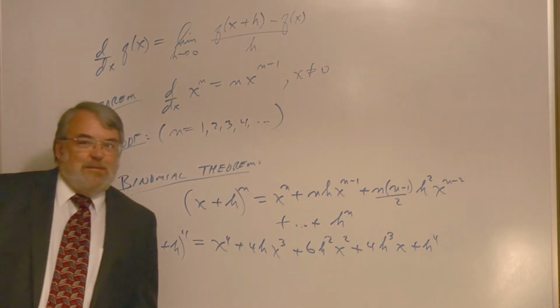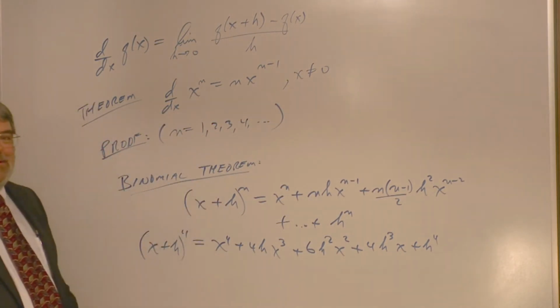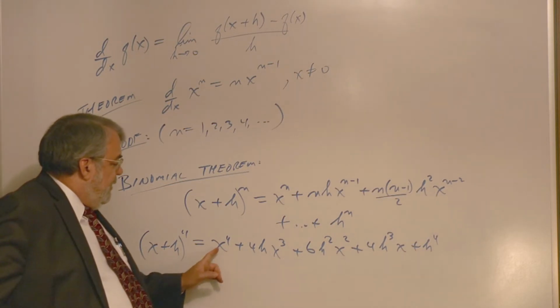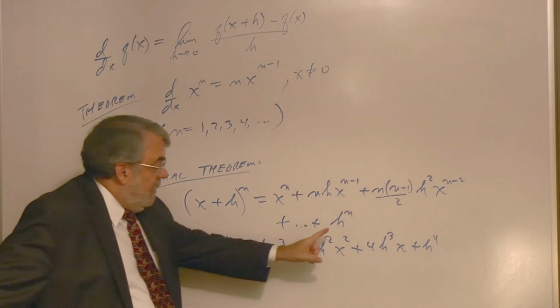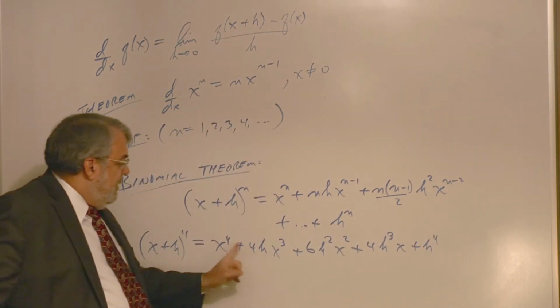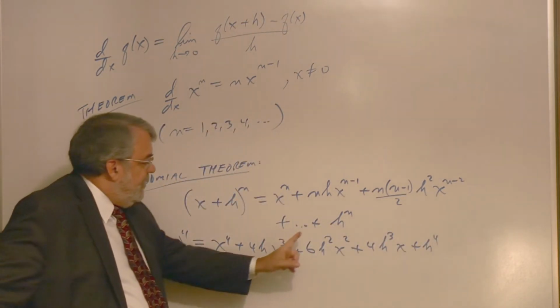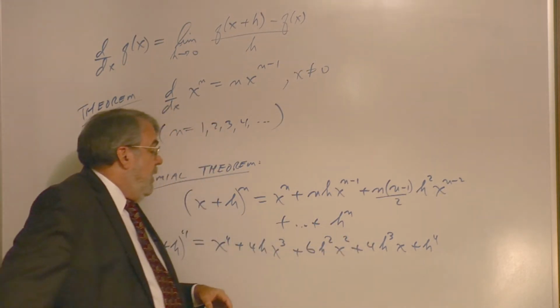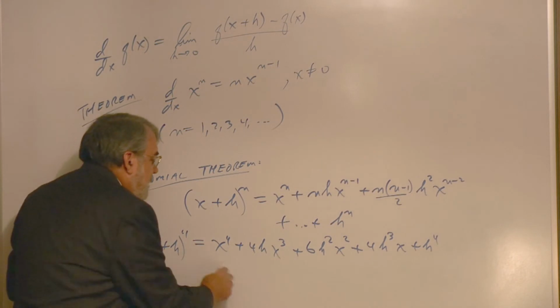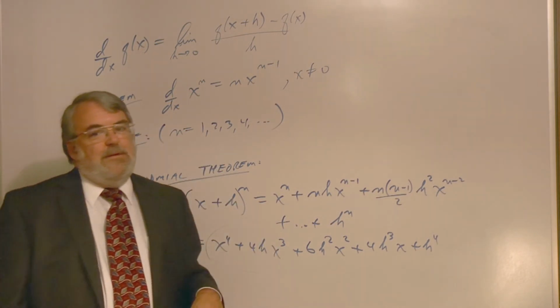I'm kind of asking you to take my word for it. It comes from the Binomial Theorem. But the main thing is that the powers of x are declining, and the powers of h are increasing: h to the 0, h to the 1st, h to the 2nd, h to the 3rd. And the part we're really worried about in our theorem is going to be this part.